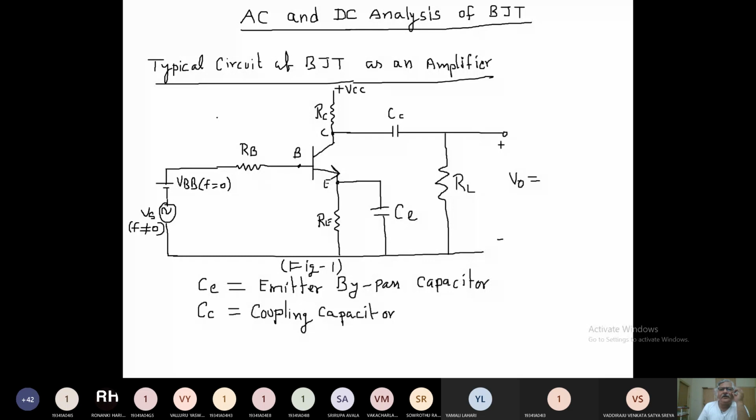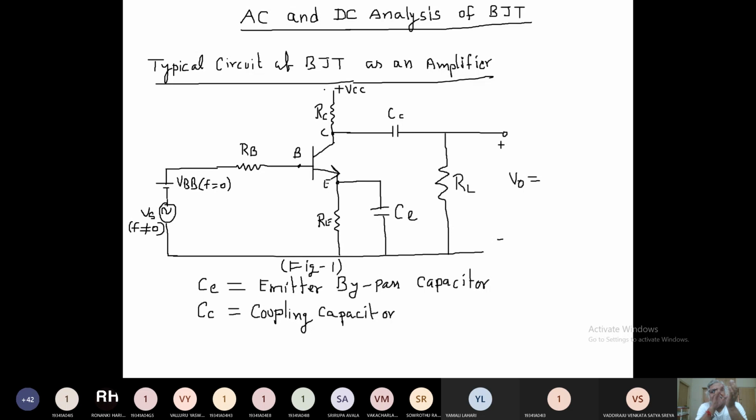right? This is a typical BJT amplifier figure, which is in front of you. Now here you see the resistor RC, which you connect with your amplifier. Its value will be in kilo ohm. The value of RB will be in kilo ohm, or RB will be slightly less, but RE is in kilo ohm.